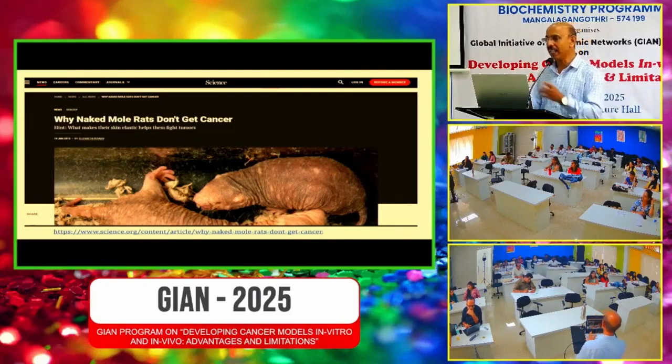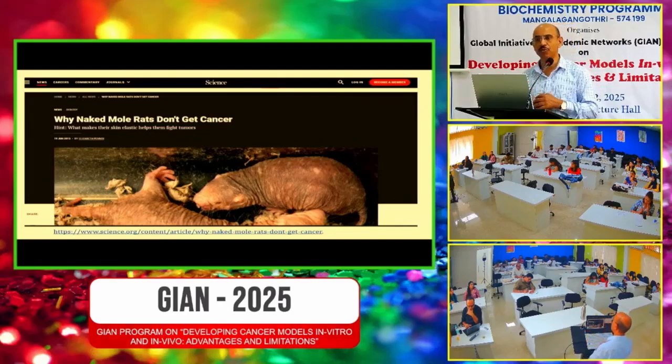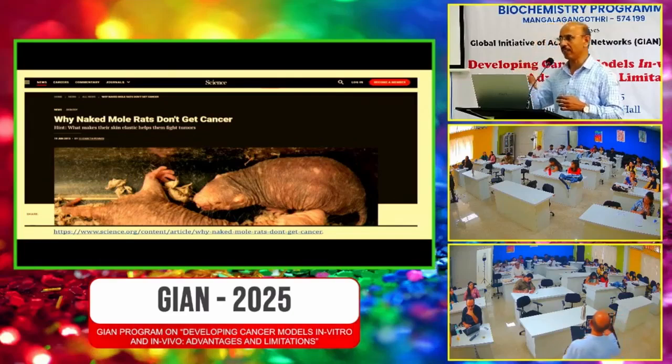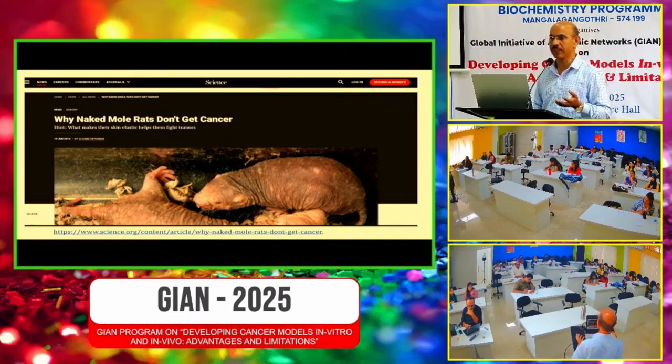So it is the same thing, a derivative, a large molecule, that actually prevents this naked mole rat from getting cancer. Whenever the cells from the naked mole rat were grown in the laboratory, they used to produce a lot of this high molecular weight hyaluron, and the cells used to stick with each other.